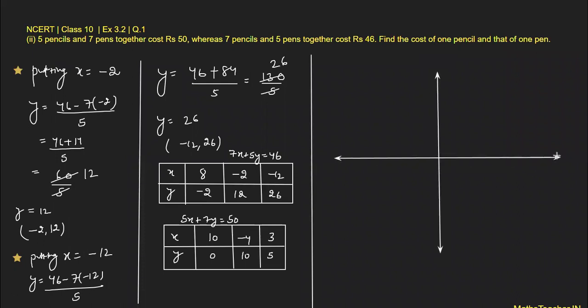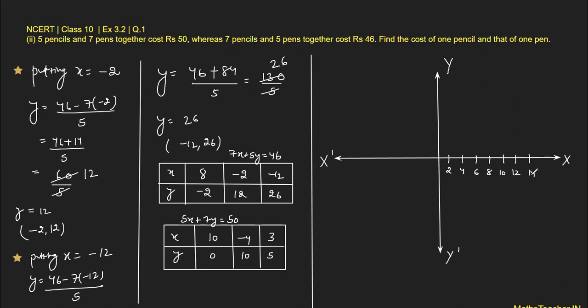So I have taken the x-axis and y-axis, as you can see. This is x, x dash, y, y dash, right? I'm going to take a gap of 2 and 2. So 2, 4, 6, 8, 10, 12, 14. That's it. I think that is more than enough.